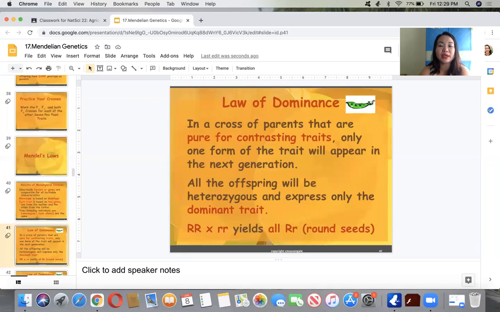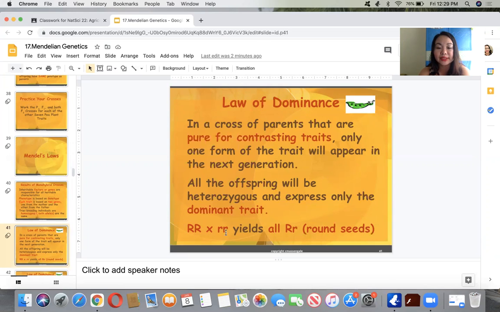So the first law is the law of dominance. In a cross of parents that are pure for contrasting traits, only one form of the trait will appear in the next generation. All the offspring will be heterozygous and express only the dominant trait. The dominant trait here is the brown seeds.